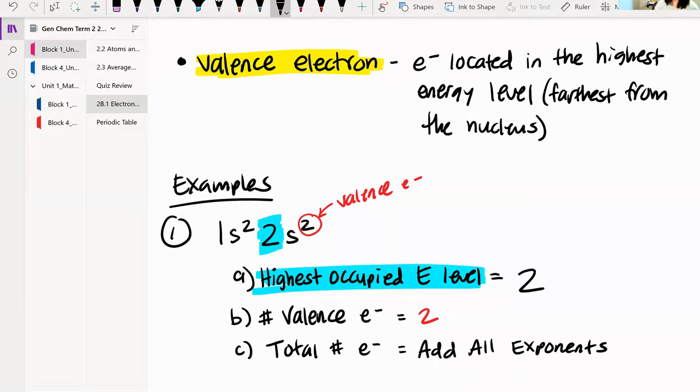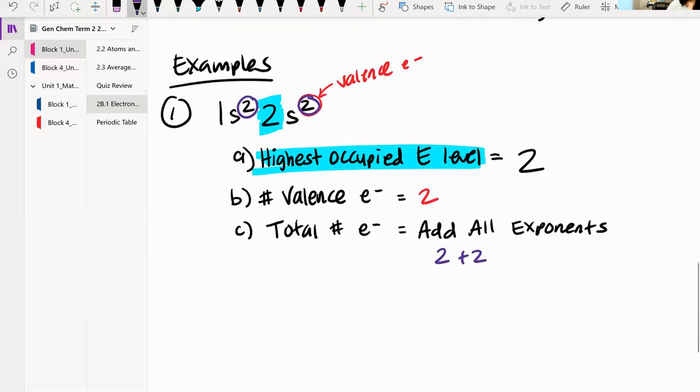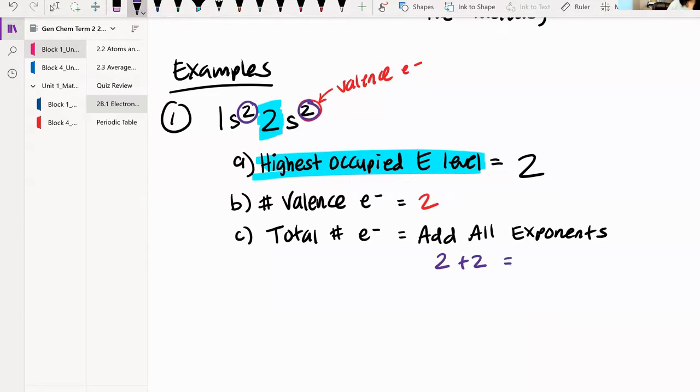Add them all up, because I know that the exponents represent the number of electrons. So I'm going to add 2 plus 2, 2 plus 2. So that means there are 4 electrons total inside of this atom.